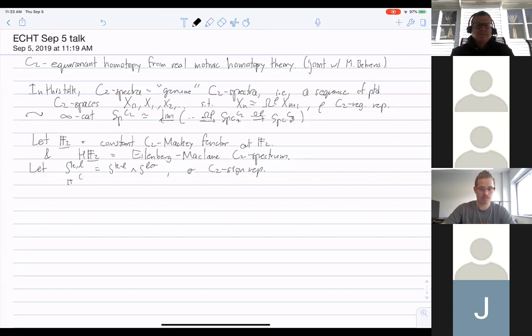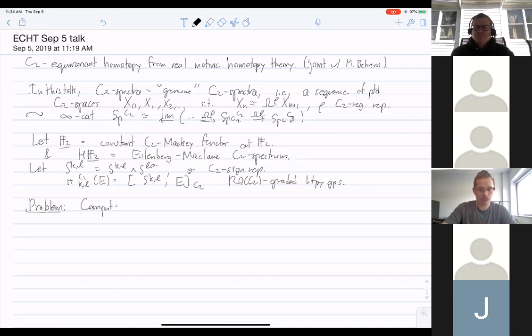And this yields a definition of the C2 equivariant homotopy groups, pi_{K,L}^{C2} of a C2 spectrum E, that's homotopy classes of maps S^{K,L} into E taken in C2 spectra. These are actually the RO(C2) graded homotopy groups. And the problem I want to first consider is the following.